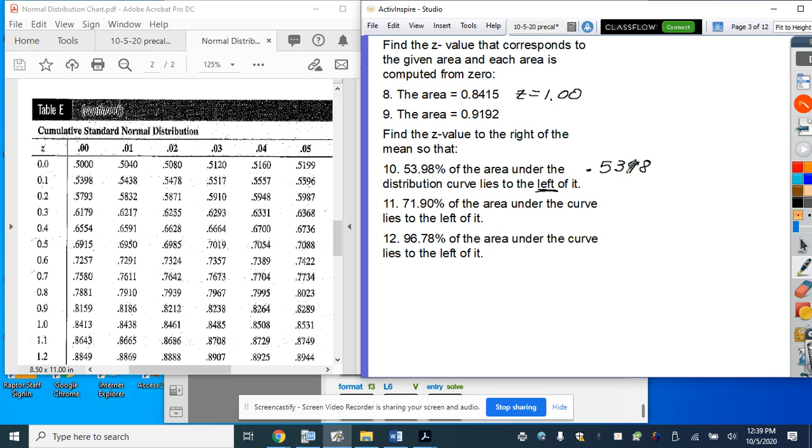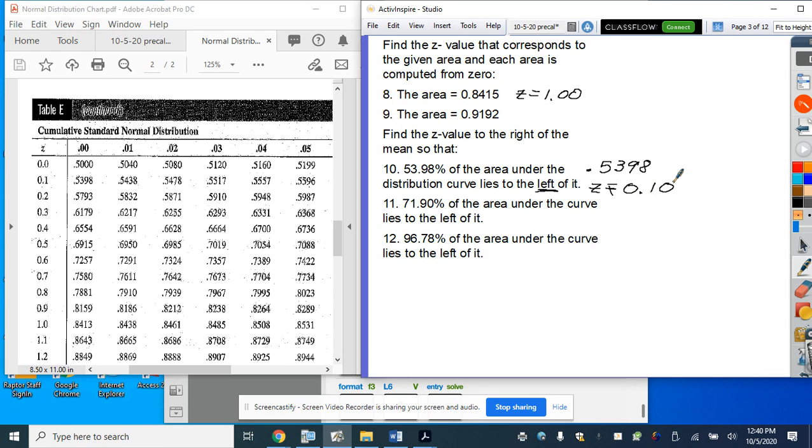So I need to find on the chart the number 0.5398. So I'm going to go up here on my chart, and I have 0.5398 right there. So my first numbers come from the left, so 0.1, and then I go up and get my last one. So that's a 0. So this is z equals 0.10.